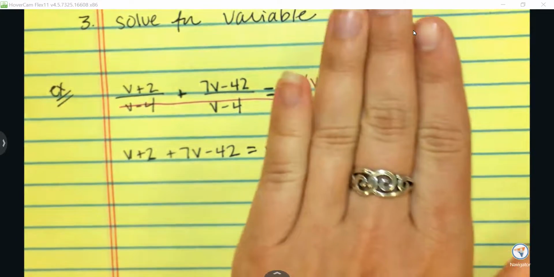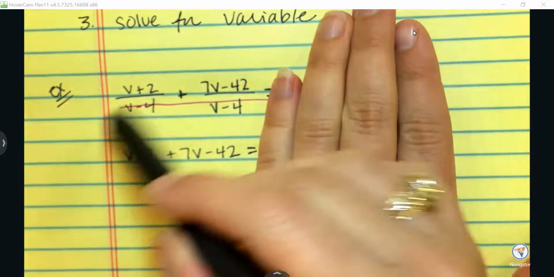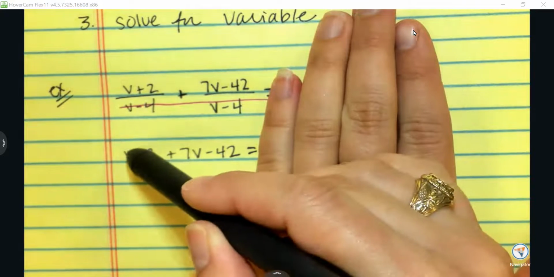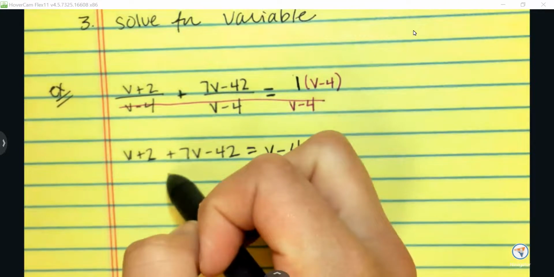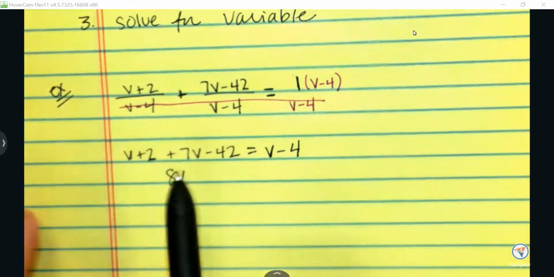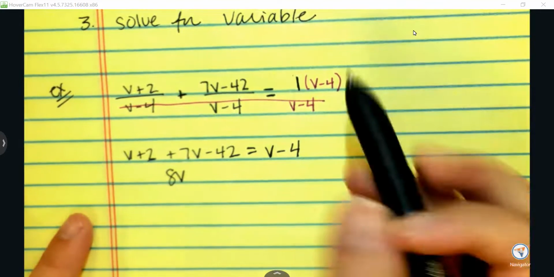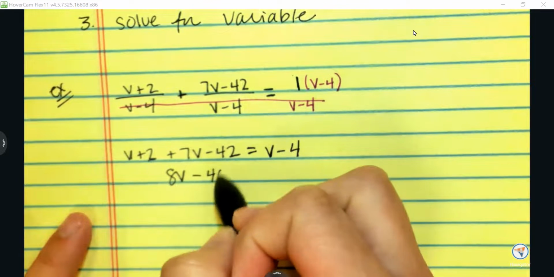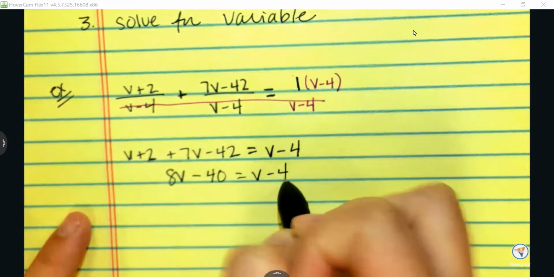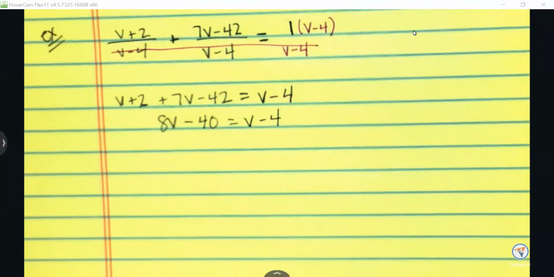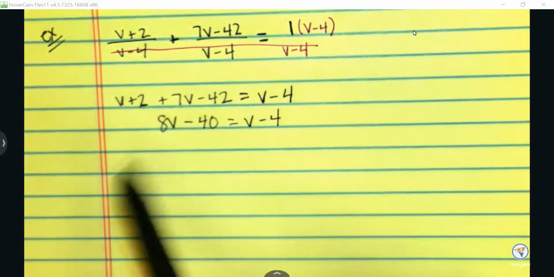First, let's look on the left side and see what I can combine. What is v plus 7v? 8v. What is 2 minus 42? Negative 40 equals v minus 4. So this is just straight up solving. There's no algebra 2 tricks in here.